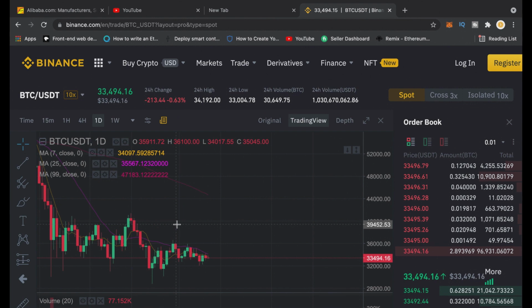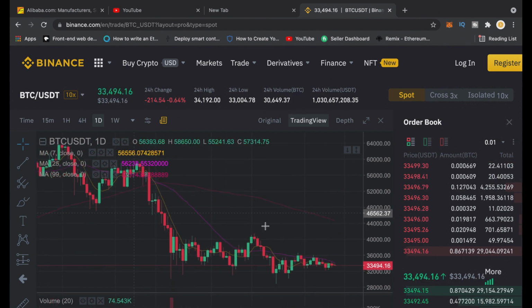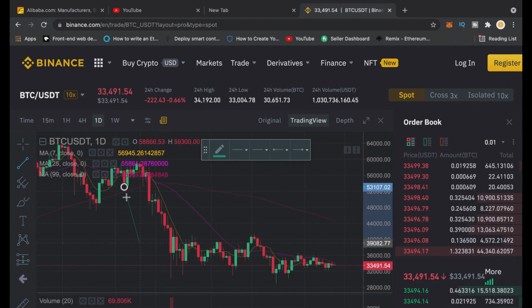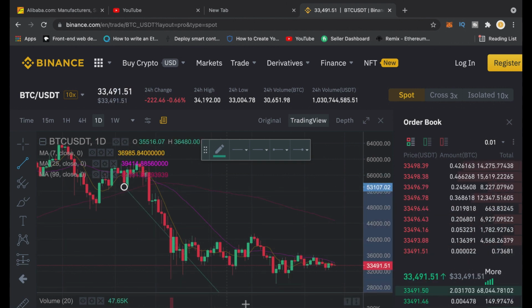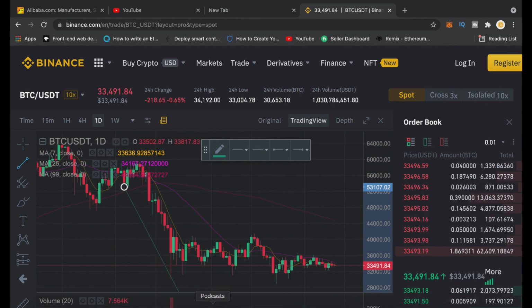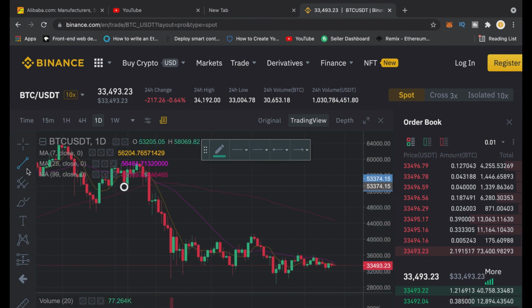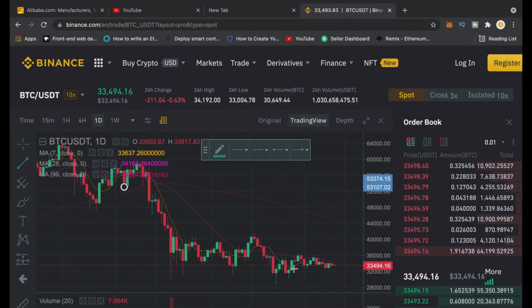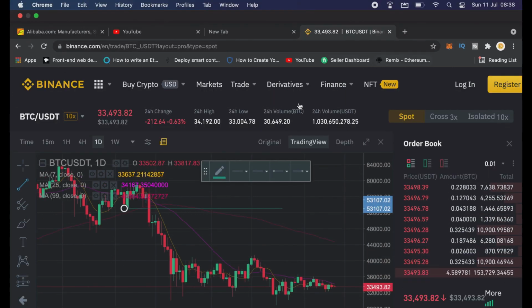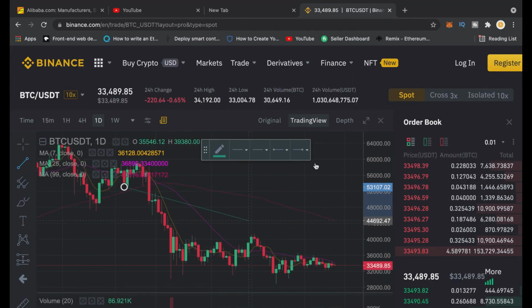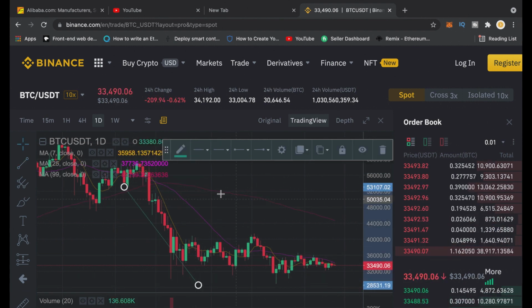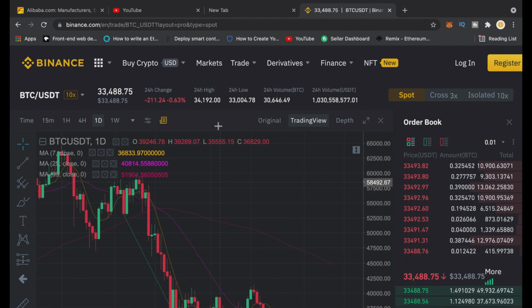You can just get some of the things that you want to do. So here you can draw and use this to analyze the market the way you want, and then from there you can decide to take any decision that you want to take.